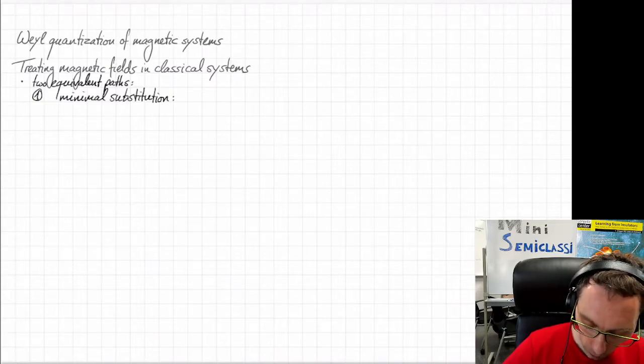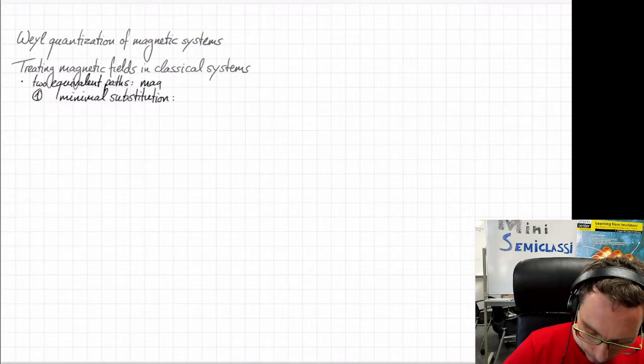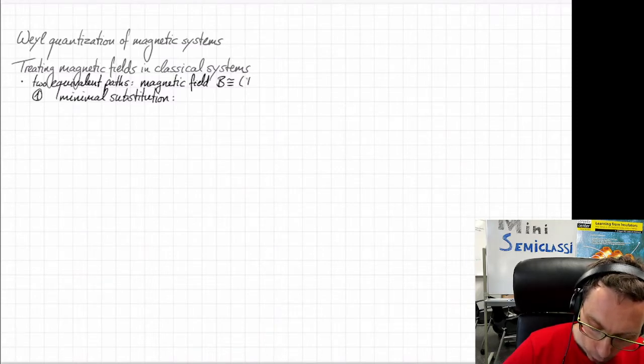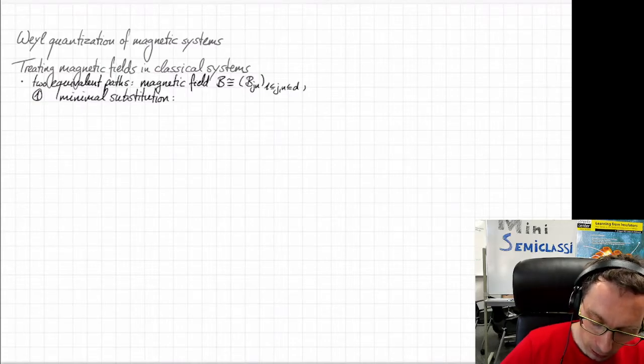So here we're always considering a magnetic field B. And depending on our needs, we shall think of B as a two-form, as a closed two-form. Or we can also think of it in terms of its matrix entries. And associated to B, you can find many vector potentials.